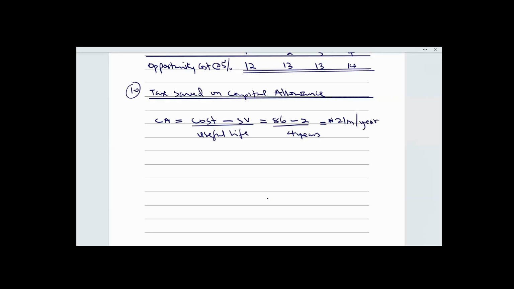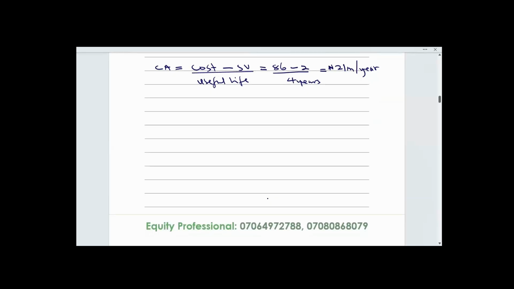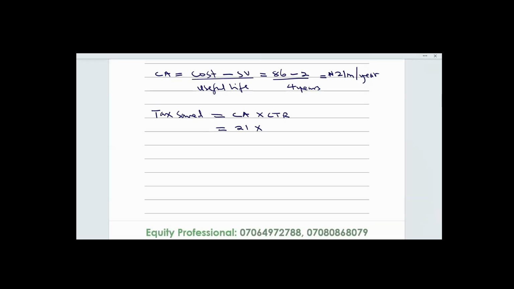That's the annual capital allowance. So to now get the tax saved on capital allowance, tax saved is capital allowance multiplied by company tax rate. So capital allowance is 21 million. I will go back to the question, what is the company tax rate?